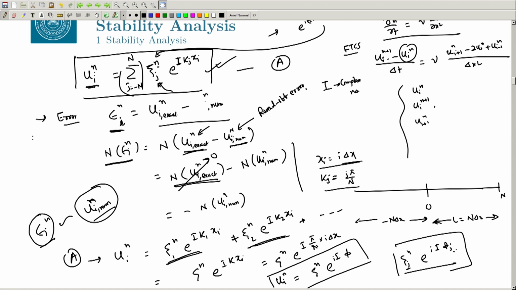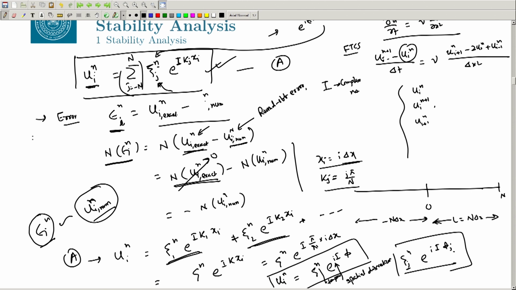So, what did you get from this? We have basically separated things. This i represents your spatial discretization and this n represents your temporal discretization. We separated the spatial discretization from the temporal discretization.